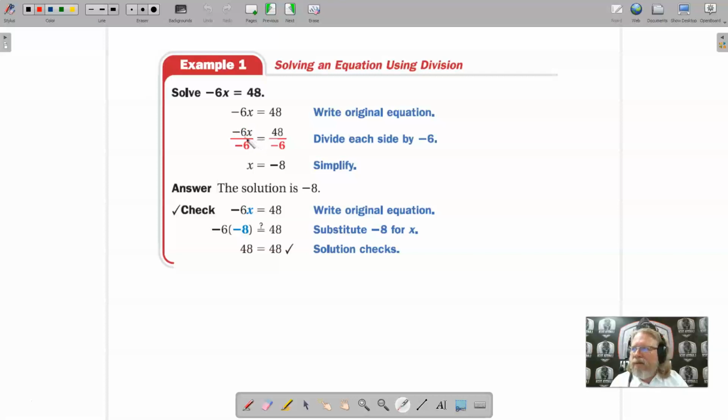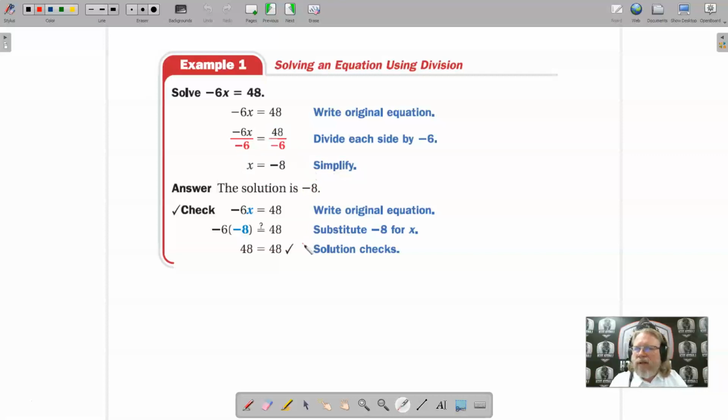The number I wish to get rid of is negative 6, so that's what I'm going to divide by. What I do to one side, I have to do to the other. Negative 6 over negative 6 is equal to 1, so they cancel each other out, leaving me with just x. And 48 divided by negative 6: a positive divided by a negative is a negative, and 48 divided by 6 is 8. So the solution is negative 8.